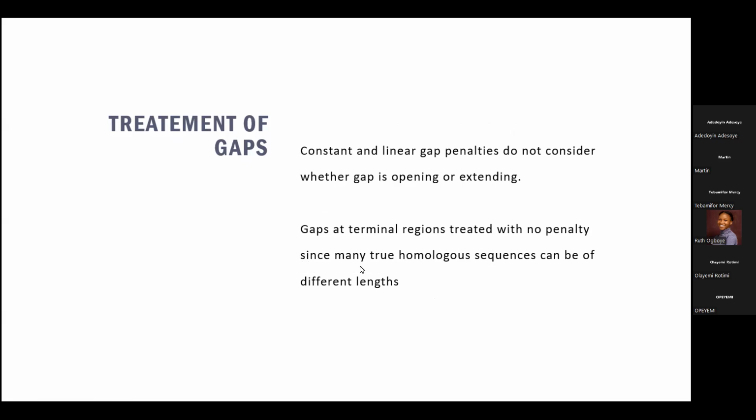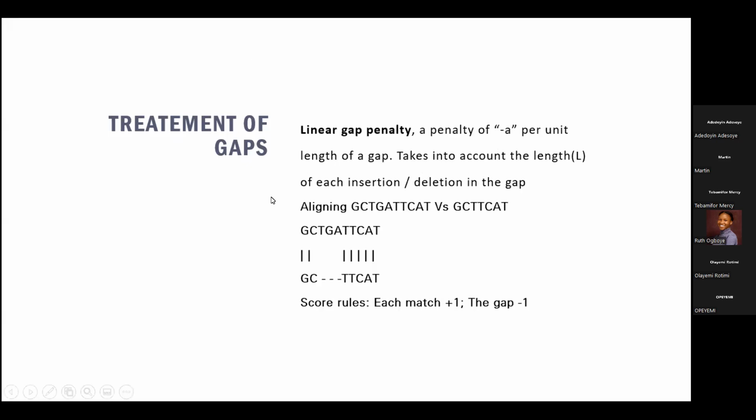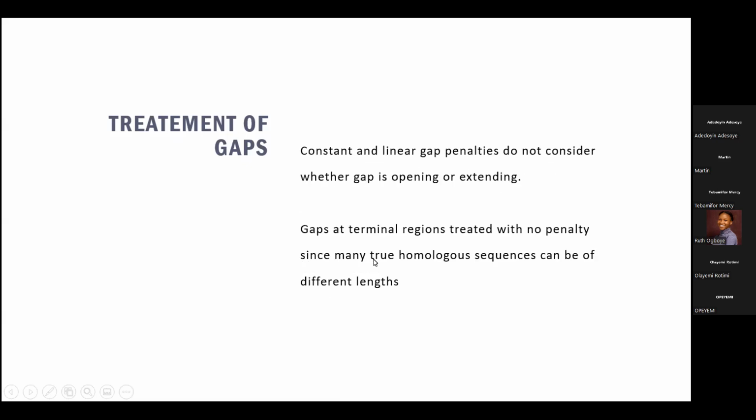From both of them, we could see that constant and linear gap penalties don't consider whether the gap is opening the sequence. By opening the sequence, I mean, let me show you. The gap can be here, right? Or the gap can be here. They don't consider that in the penalties, but gaps at the terminal region, that's gap at the end, you usually don't have penalties for that.